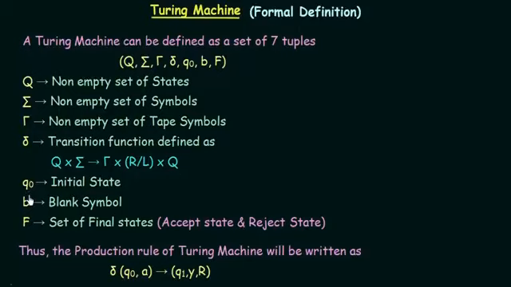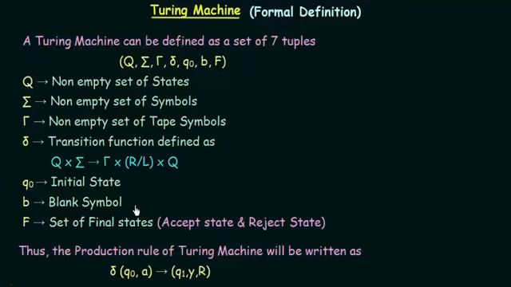And then we have Q0, which is the initial state, or the starting state. And then we have B, which is the blank symbol. If you have seen the introduction of Turing machines, we saw that in the tape we have a special kind of symbol known as the blank symbol. And what is the blank symbol?